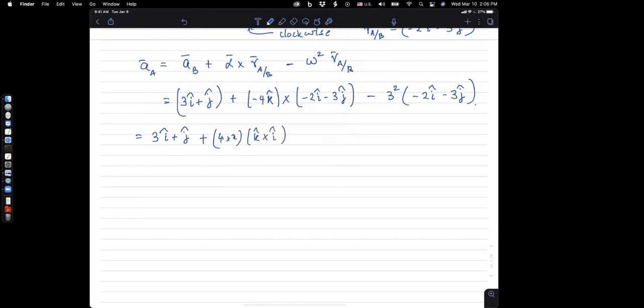And then we have 4 times 3, k times j, but it's a plus because negatives cancel. And then this is just 9. 9 2s are 18. The negatives go away, so you have plus 18i, 9 3s are 27j.